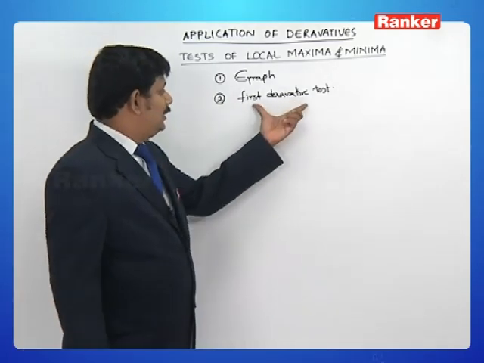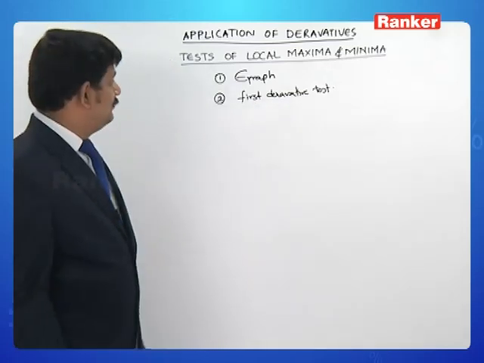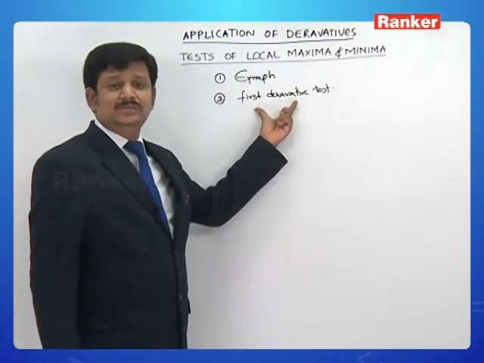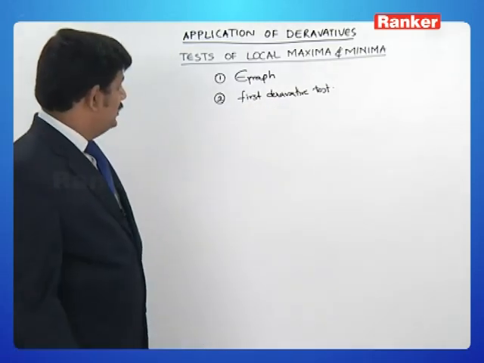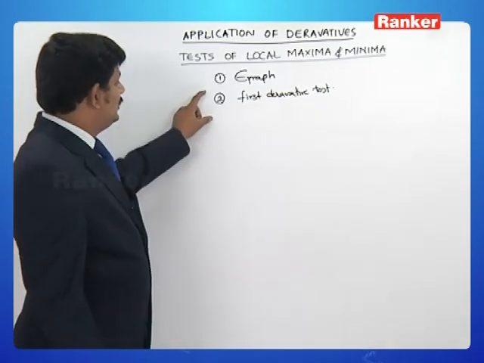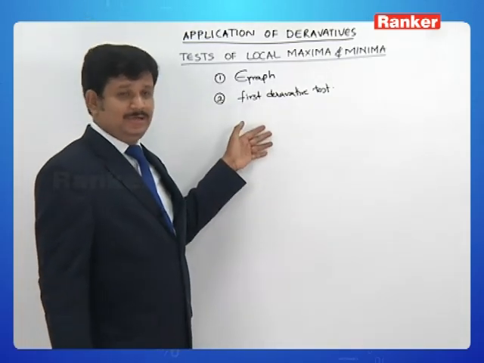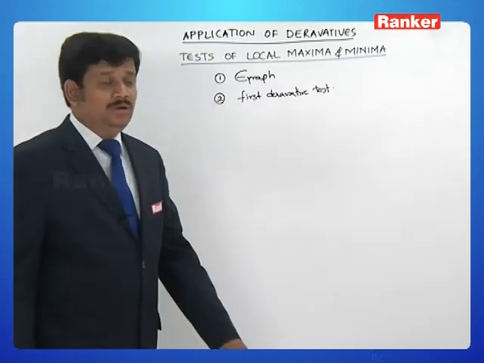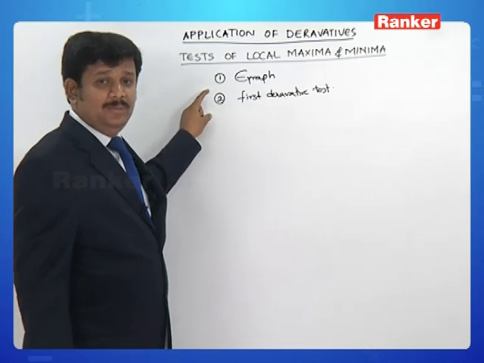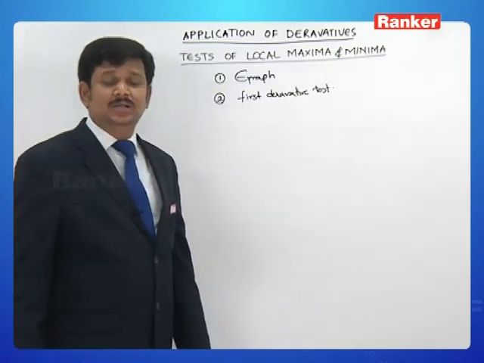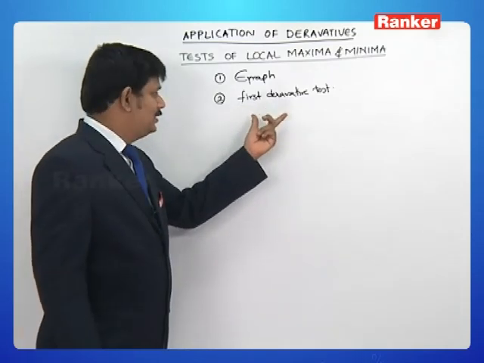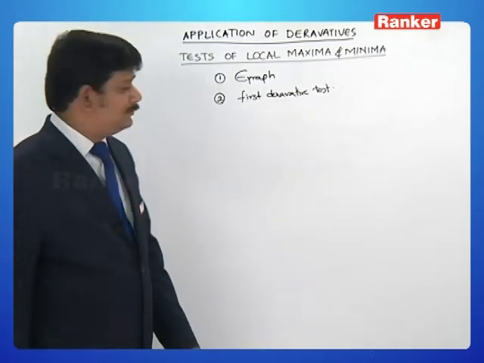So whenever we are applying this derivative test, we have to ensure that the function is continuous as well as differentiable at that point. Only then is this derivative test applicable, otherwise not. So the first derivative test or the second derivative test which we will be discussing is useful only to determine whether a point is a local maxima or a local minima when the point is critical because f dash of x is equal to 0, not in the case of non-differentiability.